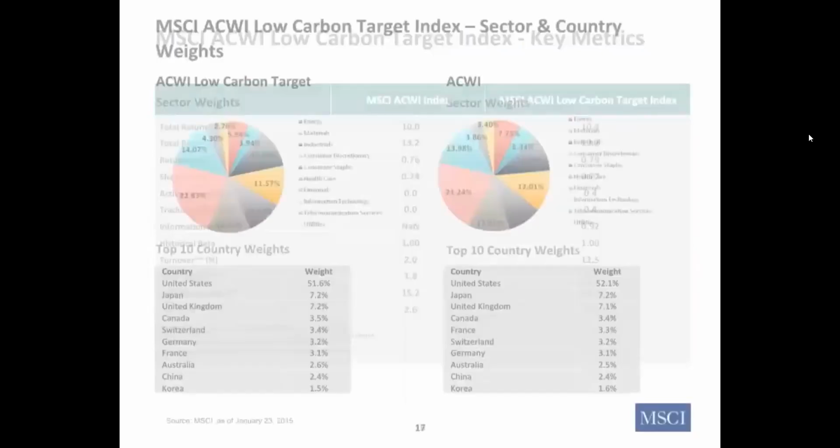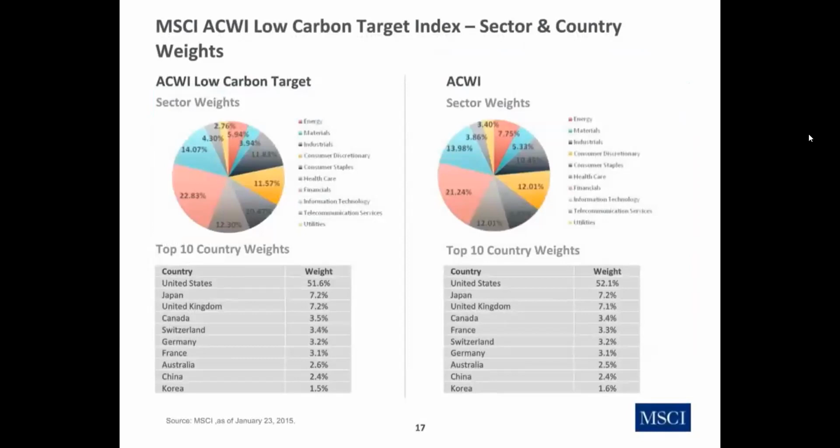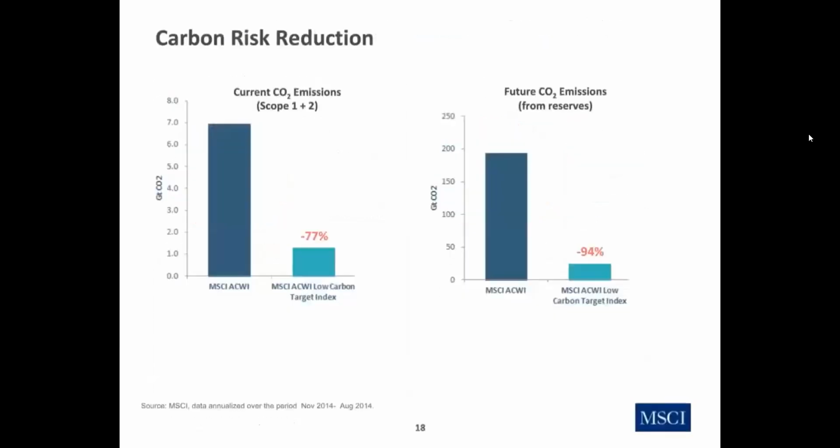In comparing sector weights and country weights, we can see that the MSCI ACWI Low Carbon Target Index again exhibits similar characteristics to that of its parent index. Indeed, based on performance, risk, and composition, it could be argued that the MSCI ACWI Low Carbon Target Index provides a fair representation of the broad market across many aspects. Except for, of course, carbon exposure.